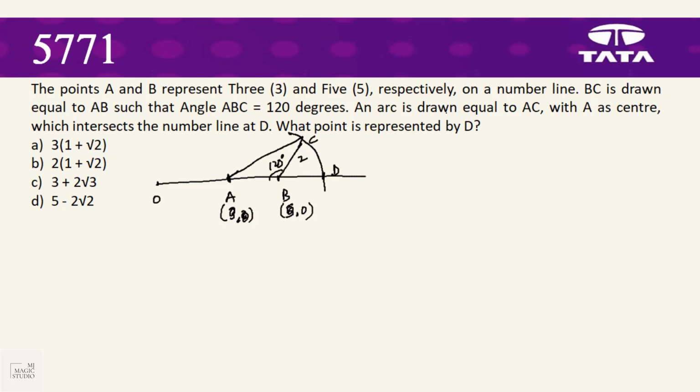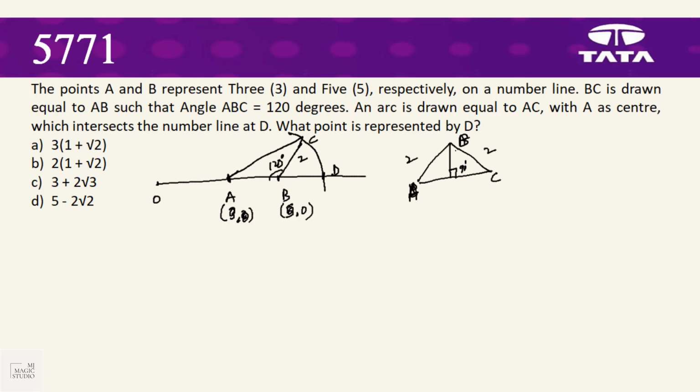What point is represented by D? We need the length of AC. So we have A, B, C. AB is 2, BC is 2, angle B is 120 degrees.